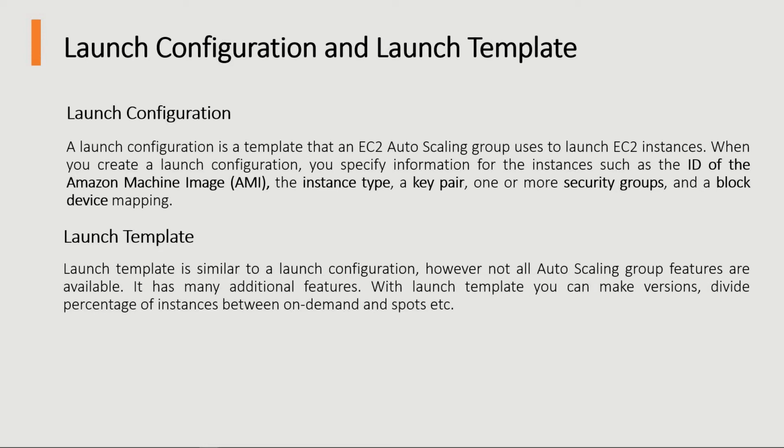Now, what are those features? To give you an example, you can divide the percentage of instances between on-demand and Spot instances. You can do that in launch template, but not in launch configuration. It is one of the many additional features.